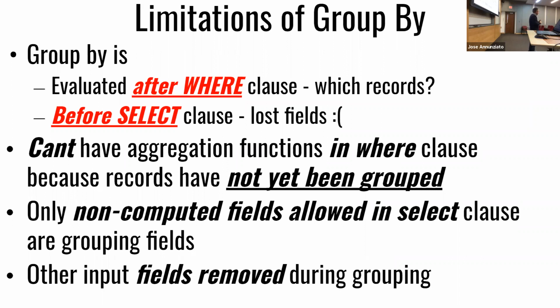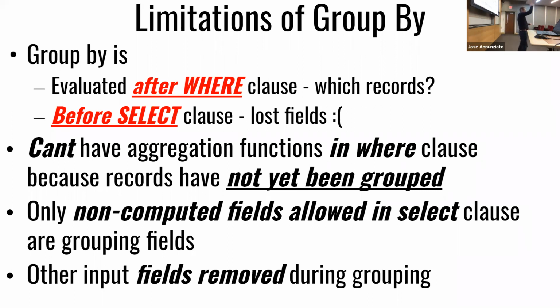It cannot have any aggregations as part of the where clause, because we haven't yet identified the records. If you haven't identified the records, there's nothing to aggregate. Make sense? So it happens after the where, and it happens before the select.